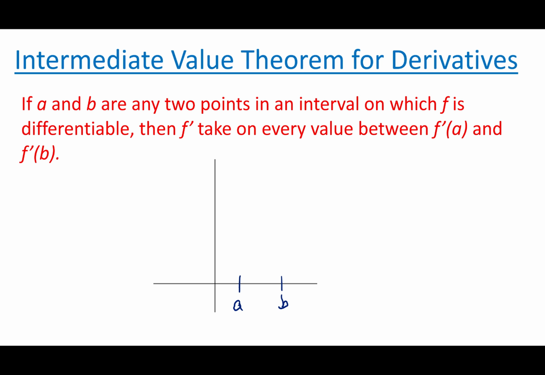They tell me it's differentiable on that entire interval, so it has to be continuous. Then f prime will take on every value between f prime of a and f prime of b.